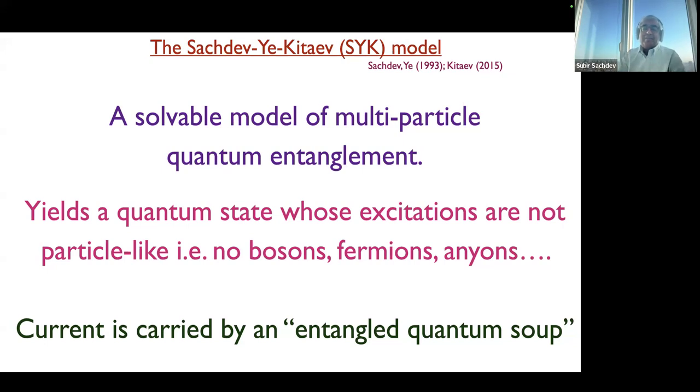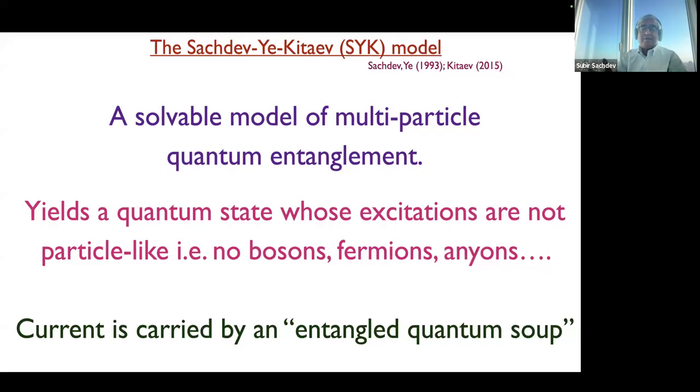We can't solve it. It's 2+1 dimensions. But here we can completely solve it. So that's a bit of a surprise, or I would say more than a bit of a surprise. We have this extremely entangled state of many electrons, which has no quasi-particle description, but nevertheless, many things are solvable.